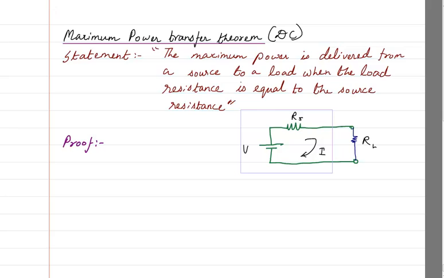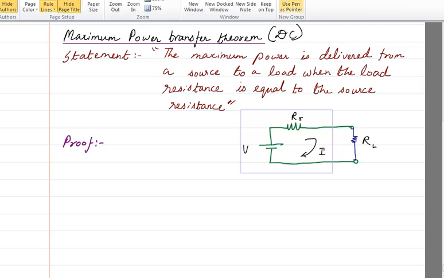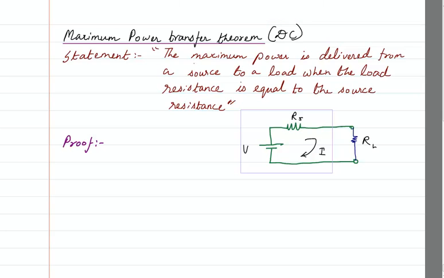What is the statement? The statement says that if you are having any source, okay, so here there is a voltage source with some internal resistance, source resistance Rs.